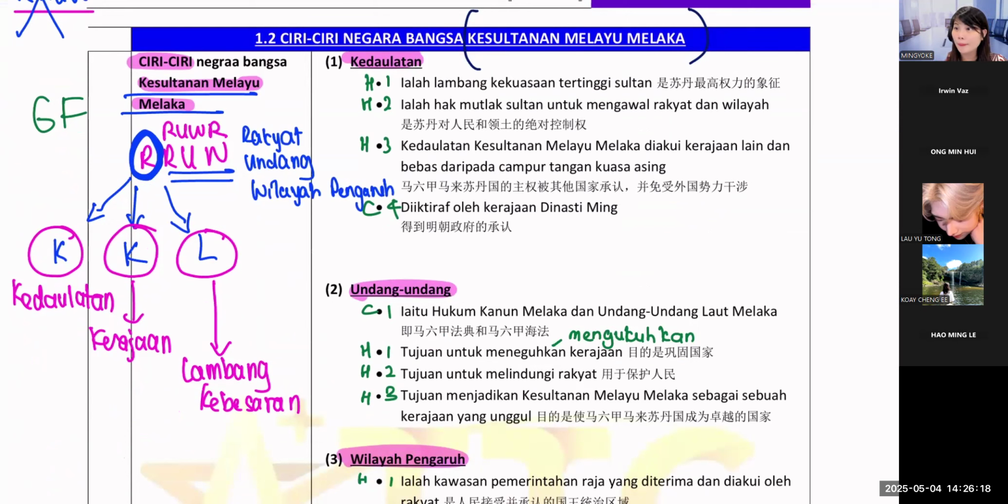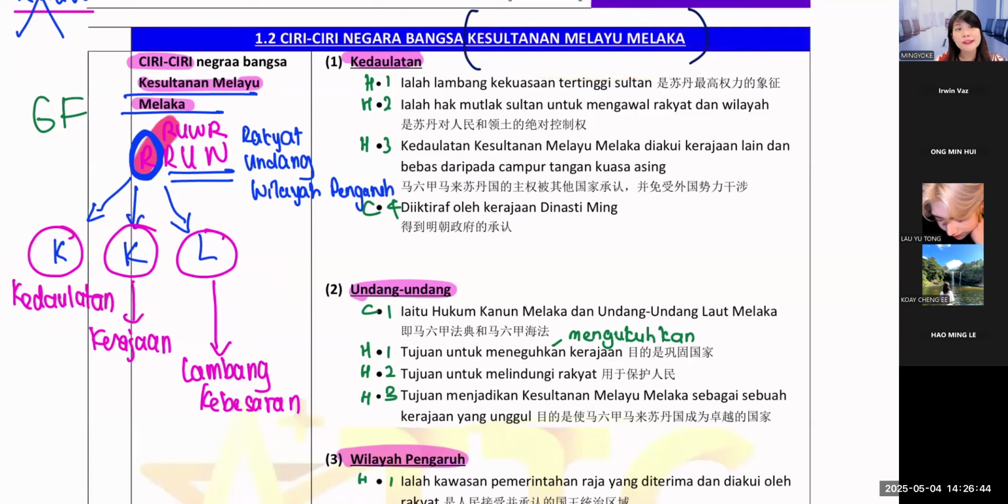Already no more. Because they upgrade, guys, they upgrade the R, the Raja into KKL. The Raja upgrade into KKL. That's why our Kesultanan Melayu Melaka so strong, ma.